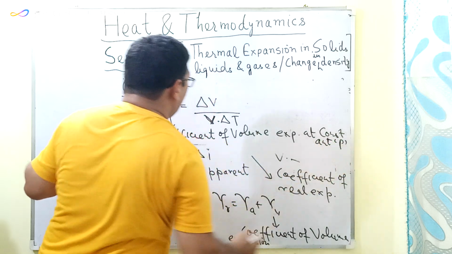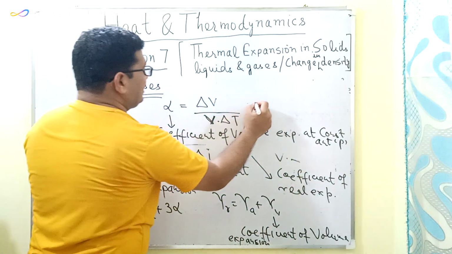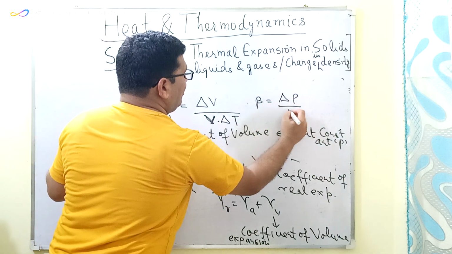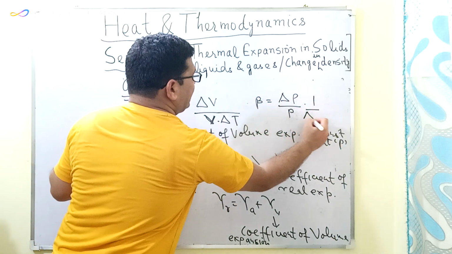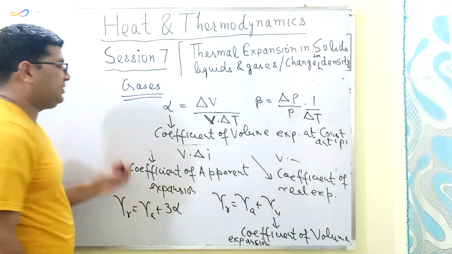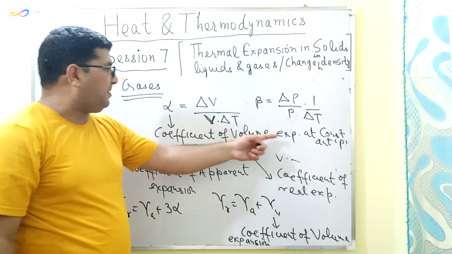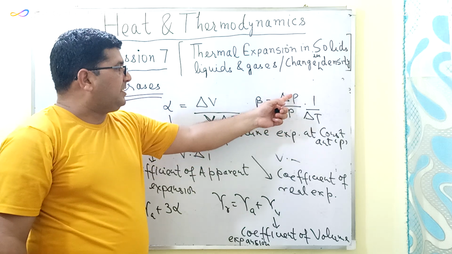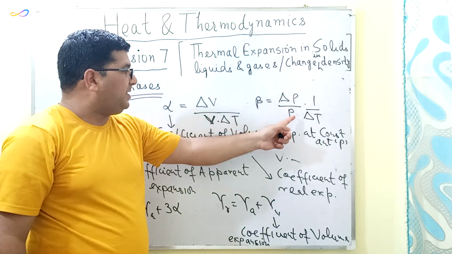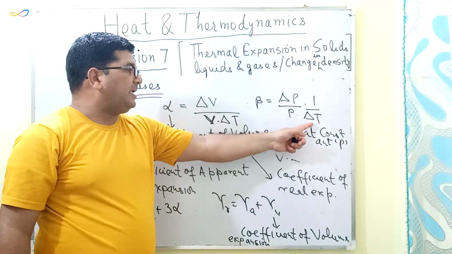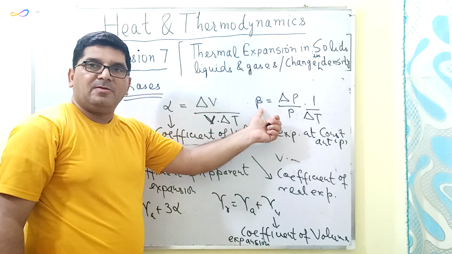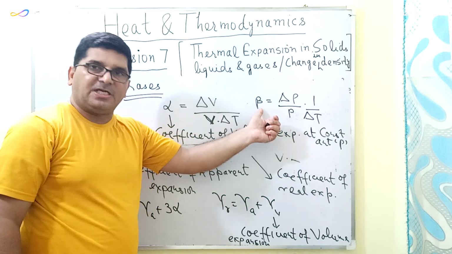And there is one more relation, that is beta is equal to delta P upon P into 1 upon delta T, where beta is the coefficient of pressure expansion at constant volume. Now here delta P is the change in the pressure, P is the original pressure, delta T is the change in the temperature, and beta is the coefficient of pressure expansion.